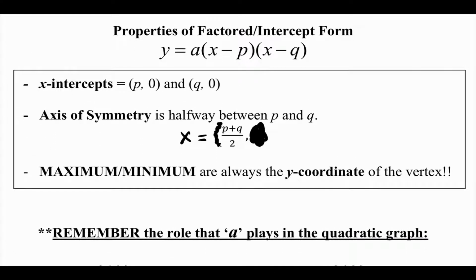Here is a little different. So instead, for factored form, we've got P's and Q's. Now the x-intercepts. What's another name for x-intercepts? Does anyone remember what they're called besides x-intercepts? One name started with an R. One name started with a Z. One name started with an S. Roots is one.